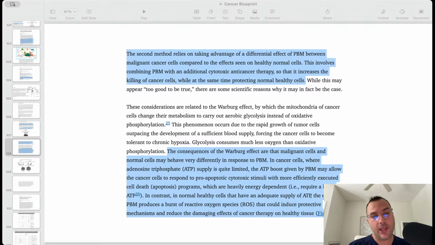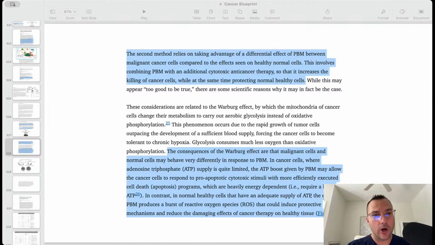And the answer is no, likely not. They believe that when you restore electron flow through a damaged mitochondria, you then restore apoptosis, which has basically been inactivated by cancer cells. So that's why I am more bullish on photobiomodulation and red light therapy for cancer.